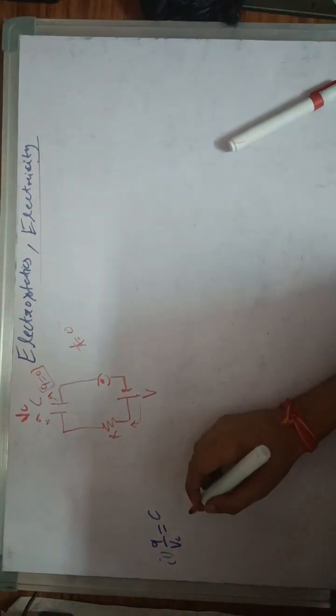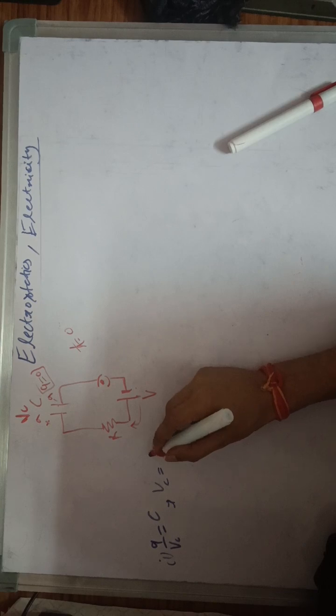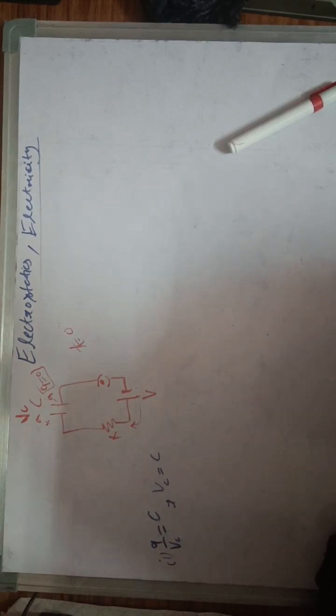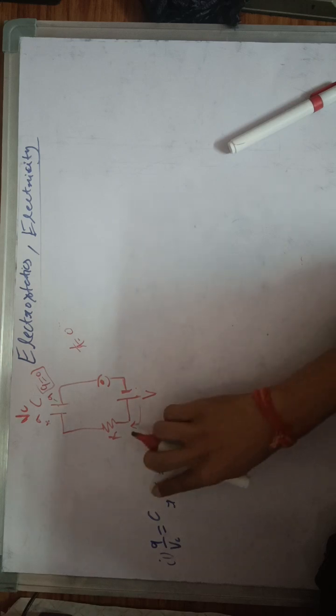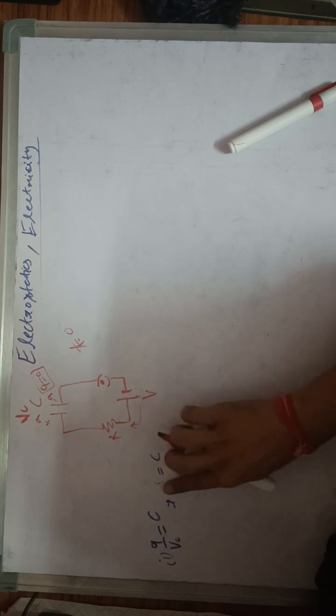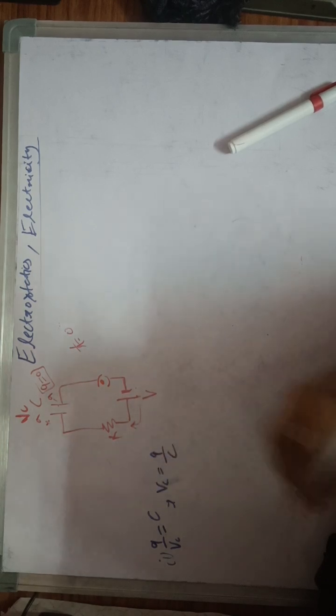Then we can write VC is equal to Q by C.